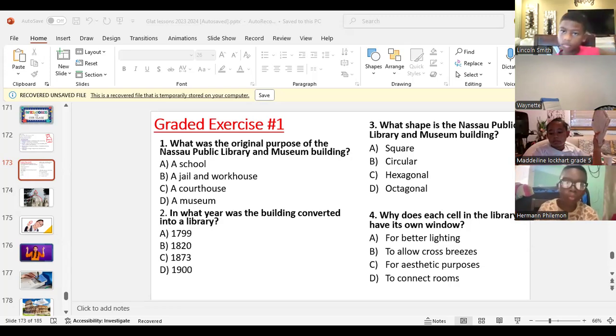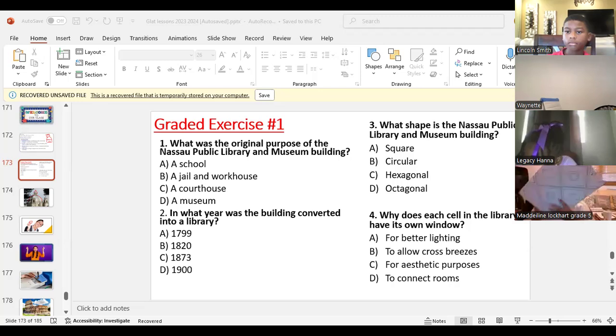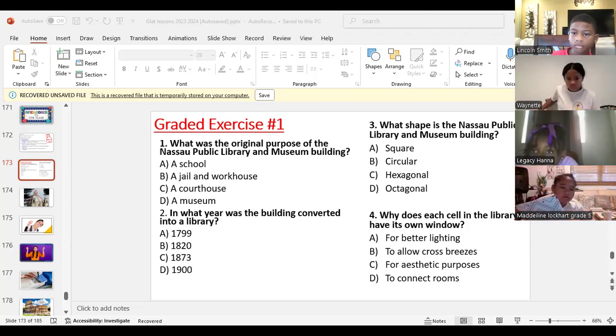Madeline, what number you on? Where's Madeline? Yes, sir. What number you on? Number 6. Number 6, okay.